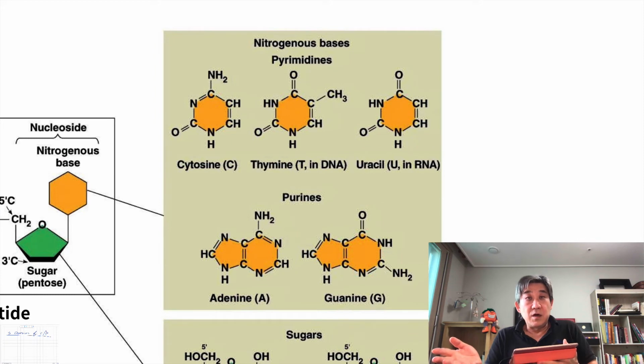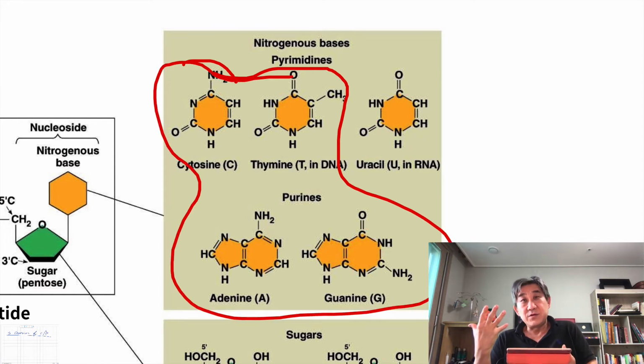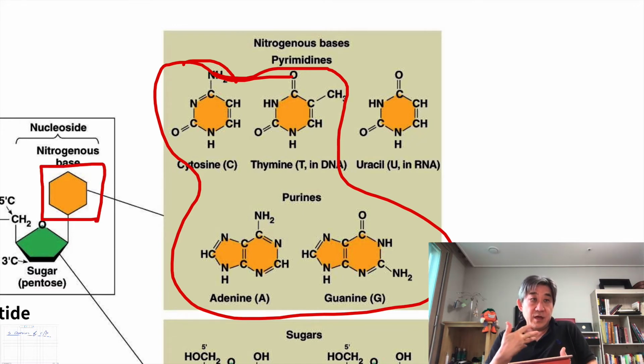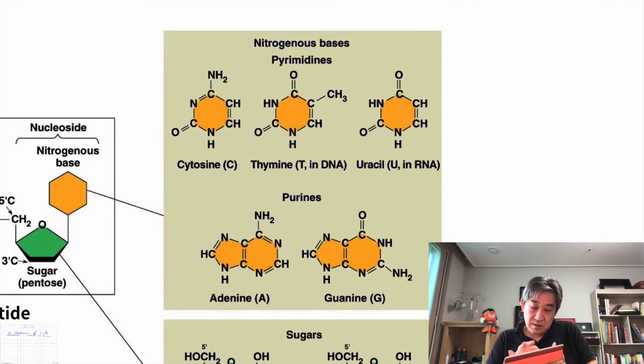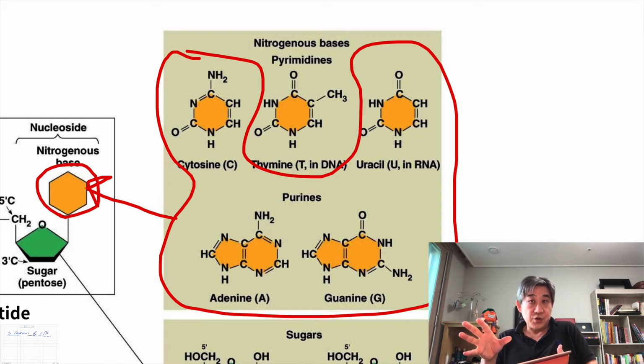Actually, chemically speaking, no one has to memorize any chemistry, but cytosine, thymine, adenine, and guanine, these 4 different types of nitrogenous bases are found in this part of the DNA-making nucleotide, whereas instead of thymine, the other 4 types of the same nitrogenous bases will appear in this position of the RNA-making nucleotide.